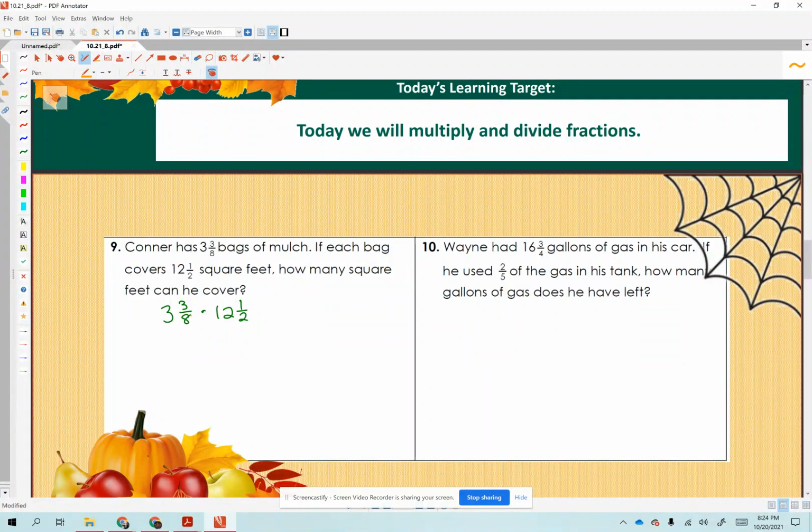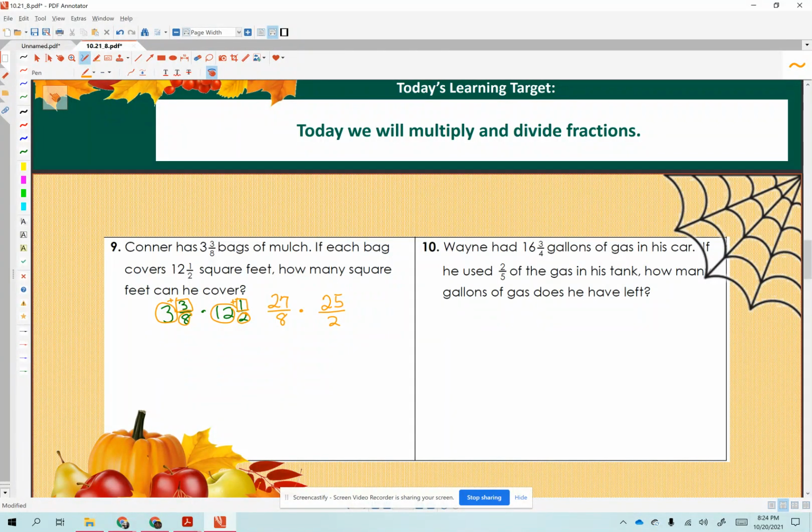So we'll multiply the denominator by the whole number. 8 times 3 is 24. Add the numerator, which makes 27/8. And in the second fraction, we'll multiply 2 times 12, which is 24, plus the 1 in the numerator, 25/2.